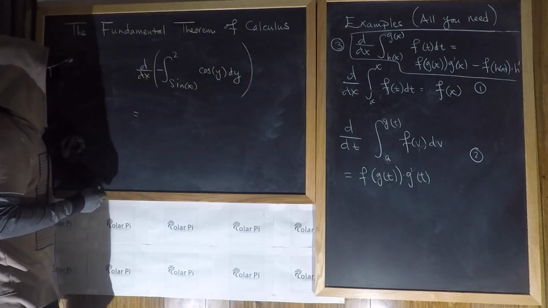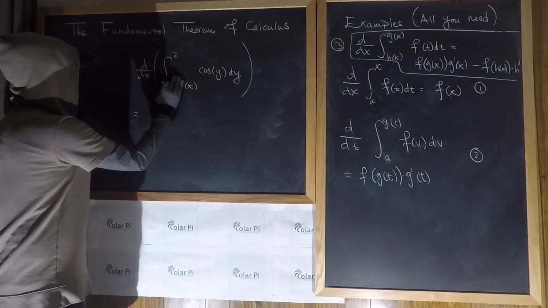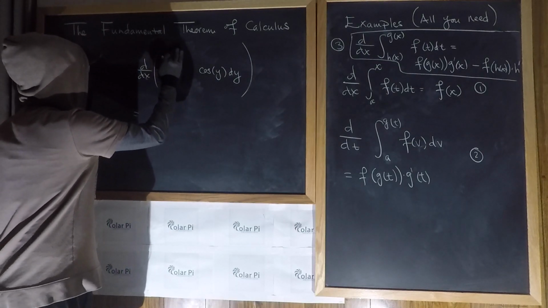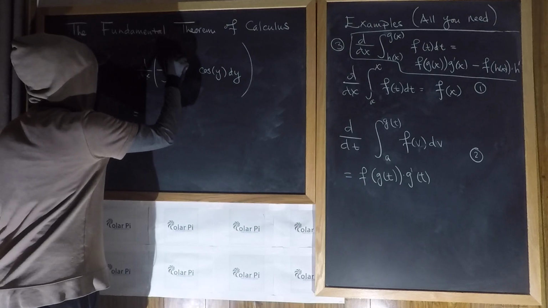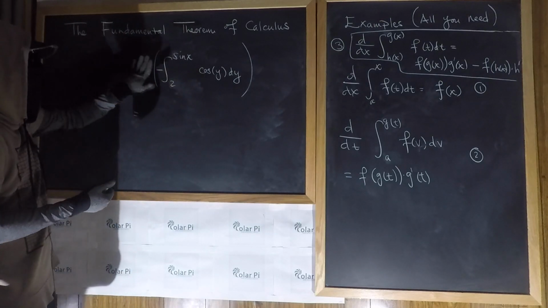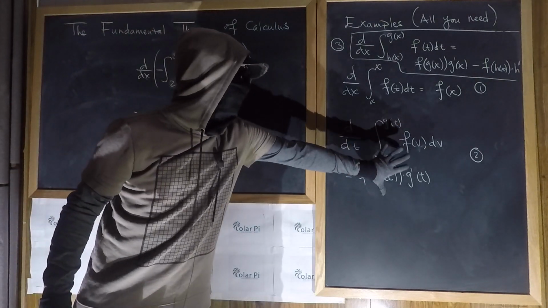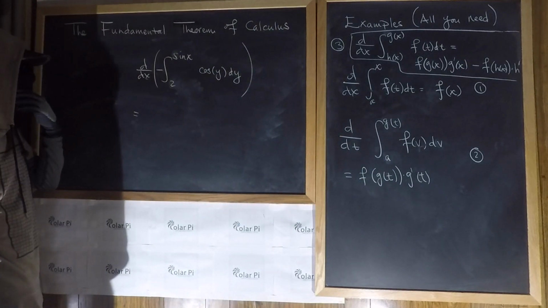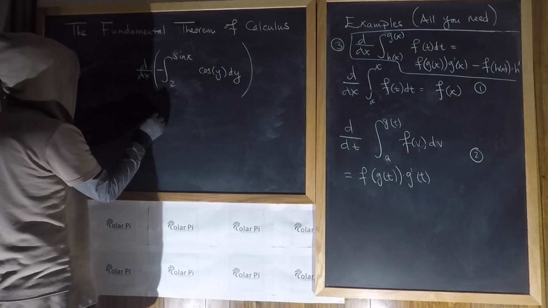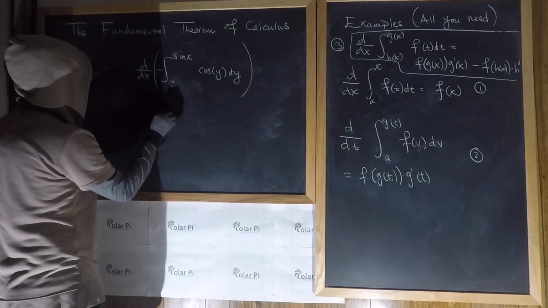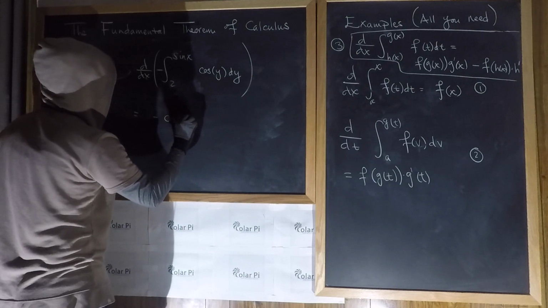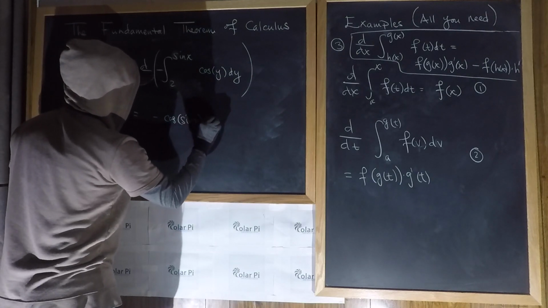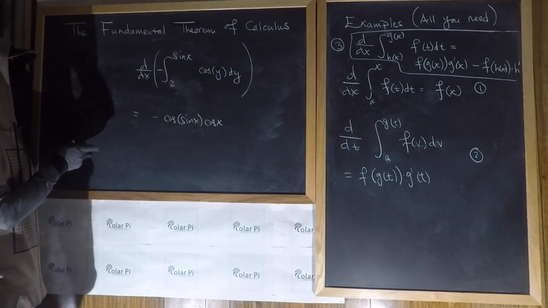So you put a negative sign there, and that allows me to put a 2 here and a sine x there, and then you deal with it in the manner you would normally. Which, if you just want to see it, is going to be negative cosine of sine of x times cosine of x. Right? Okay.